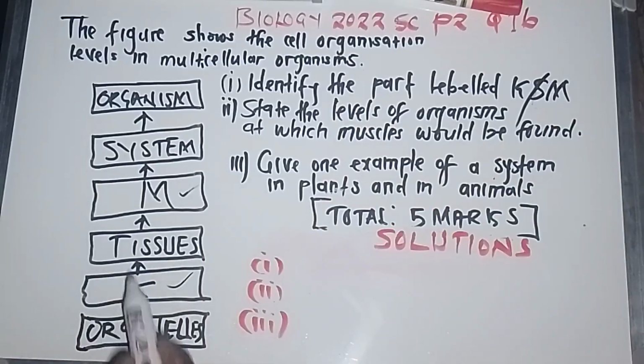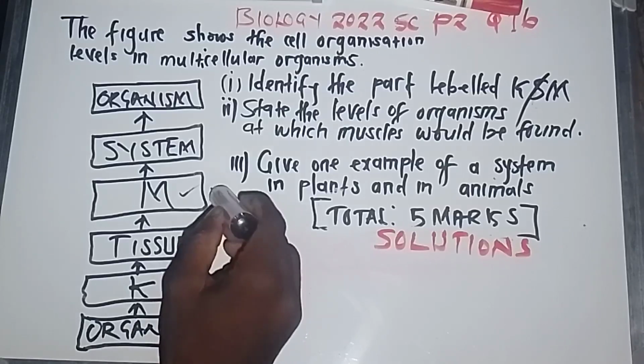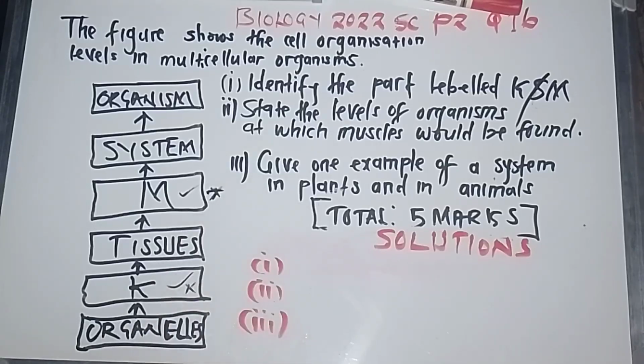K is this one, and M is this one. Alright, so I want you to understand something. Before I answer this question, let me give a hint or a key which will help you understand this particular subtopic.